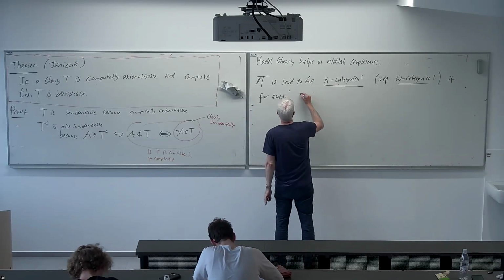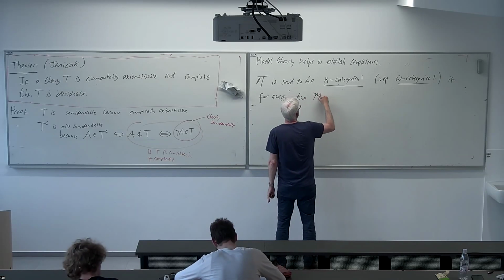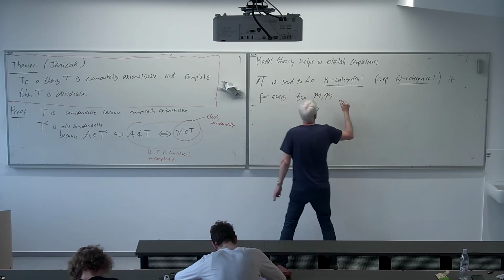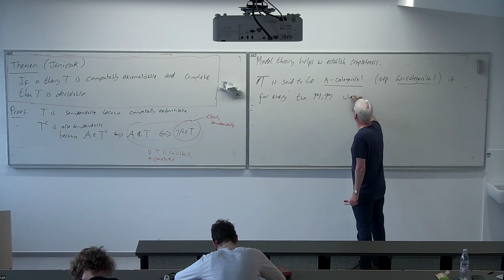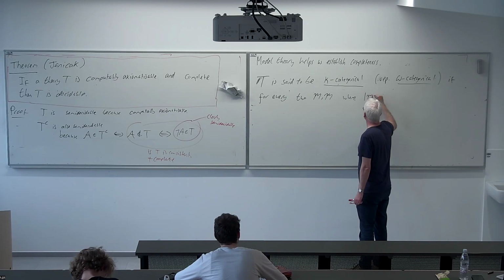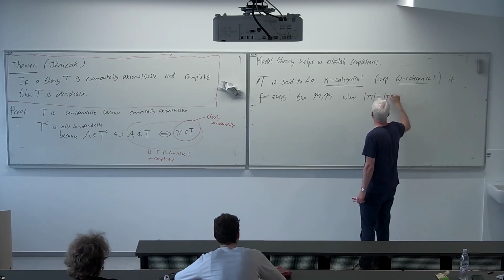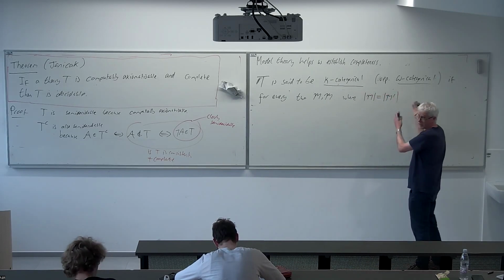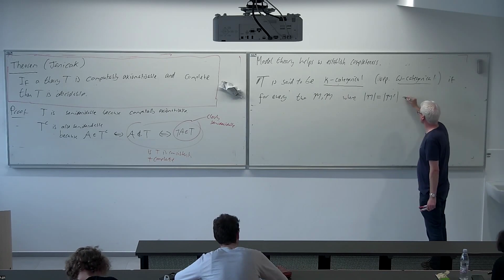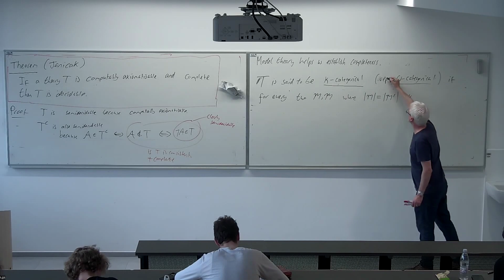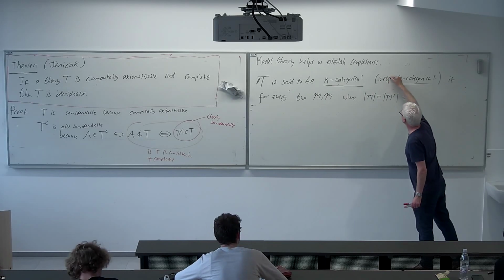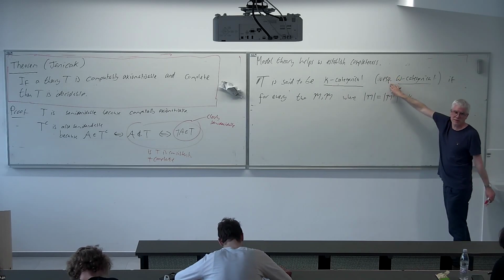So for every two models M and M prime where the cardinality of M is the same as the cardinality of M prime, so there is a bijection between their underlying sets, equal to kappa, or sorry, this should say RSP dot, which is short for respectively.